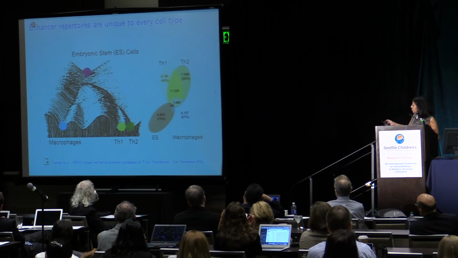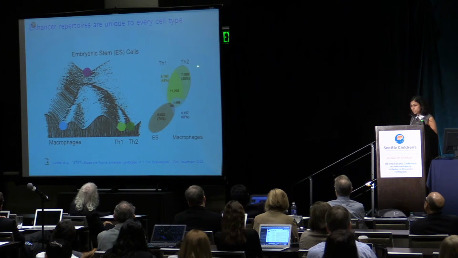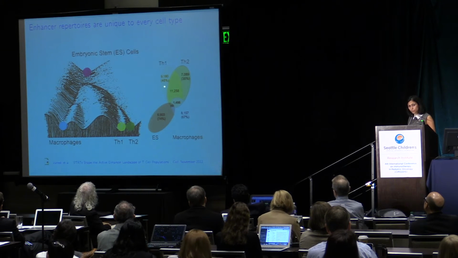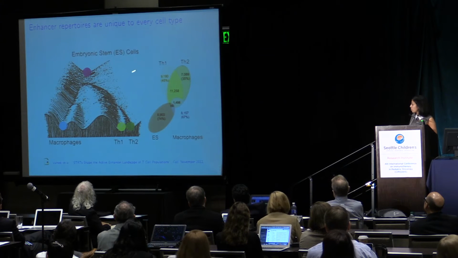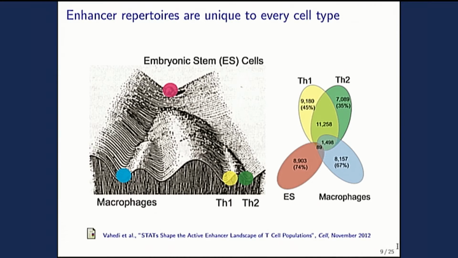So we generated a map of P300 binding in Th1 and Th2 cells, and again, I'm pretty sure you're not surprised, after Nick's talk, to hear that about 50% of the enhancer elements mapped by P300 binding were distinct to these different lineages.